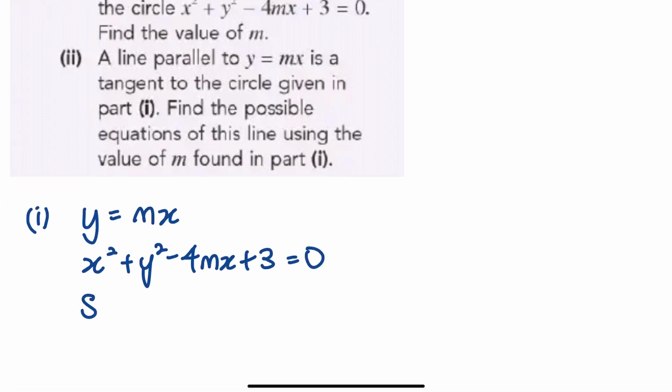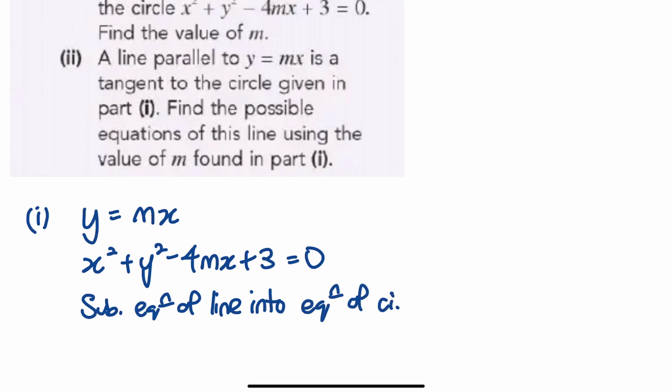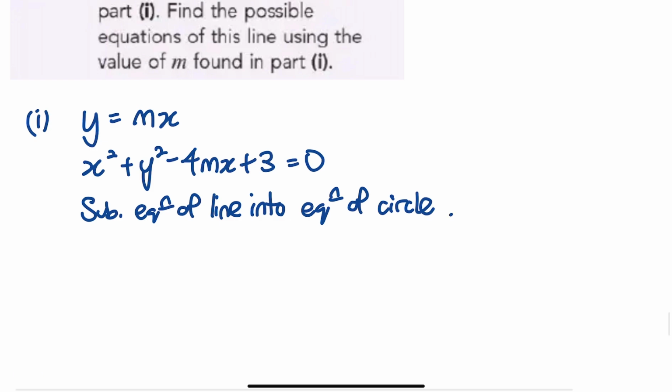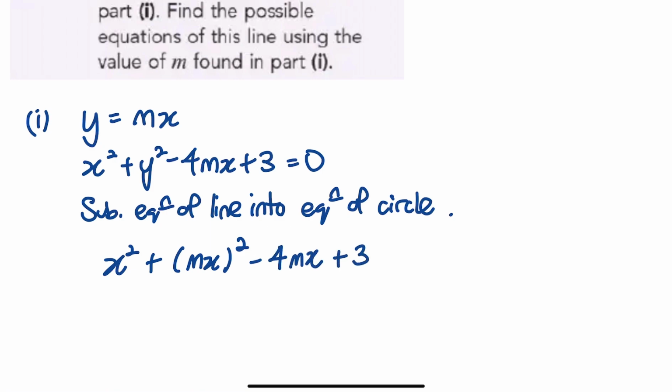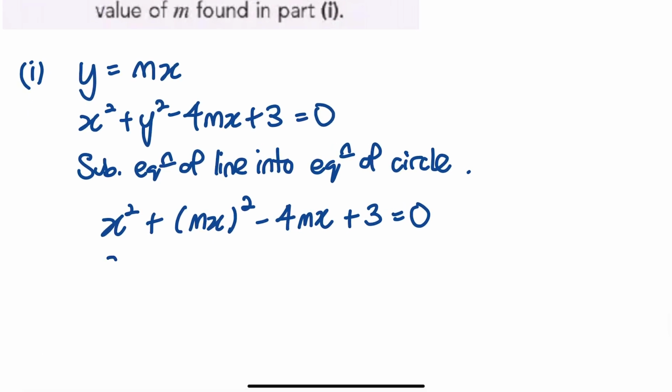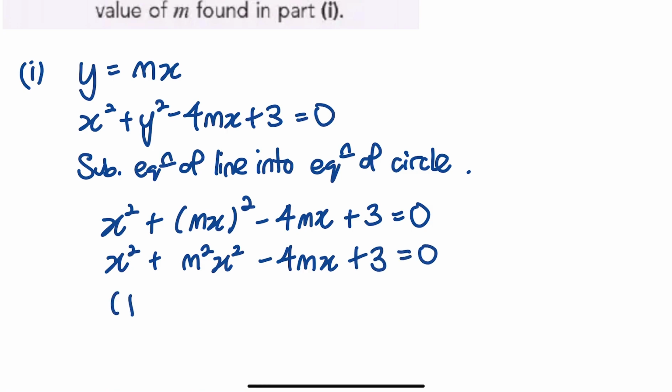So over here I'll sub the equation of the line into the equation of the circle, which means I'll get x squared plus (mx) squared minus 4x plus 3 equals 0. Then from here, we continue to simplify first: x squared plus m squared x squared minus 4x plus 3 equals 0. I'll get (1 plus m squared) x squared minus 4x plus 3 equals 0.